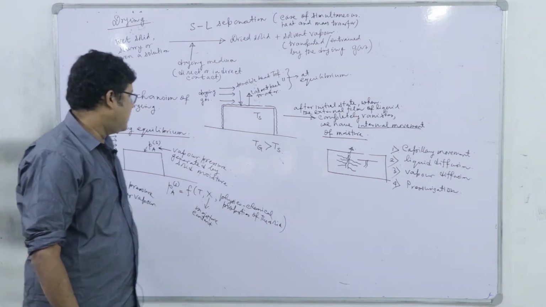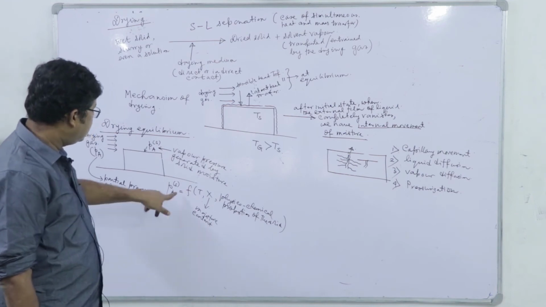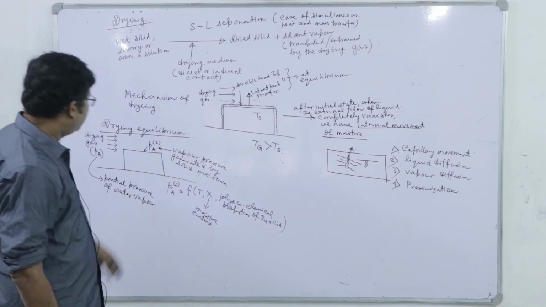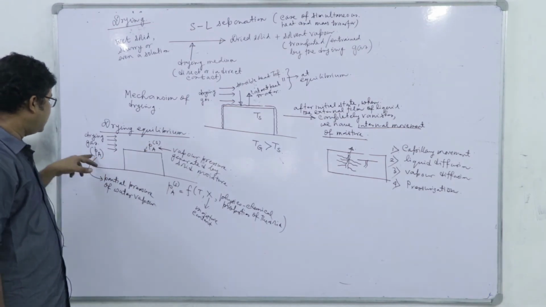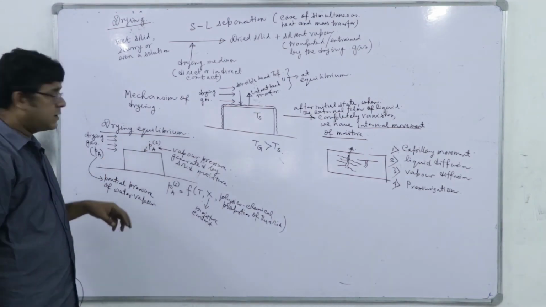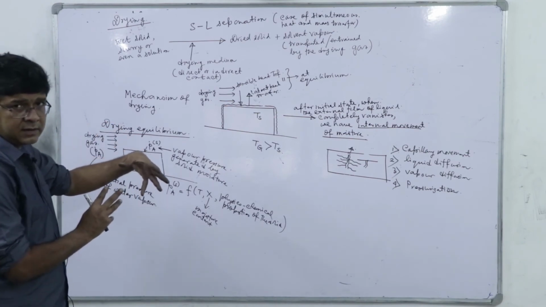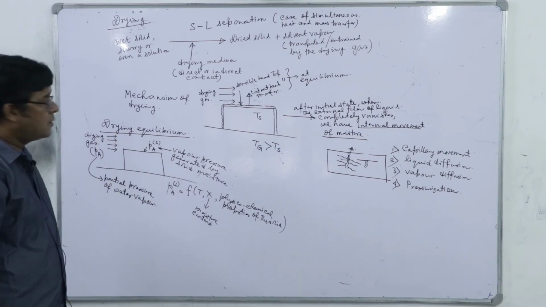So, there are different issues which will govern this vapor pressure generated by the moisture content in the solid. So, when these two, the vapor pressure generated by the solid and the partial pressure of water vapor in the gas, are equal, the drying will cease. Okay?